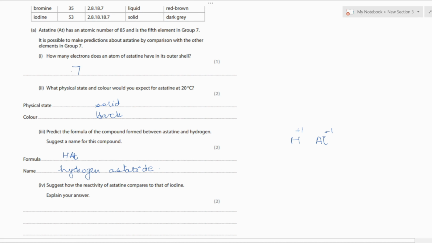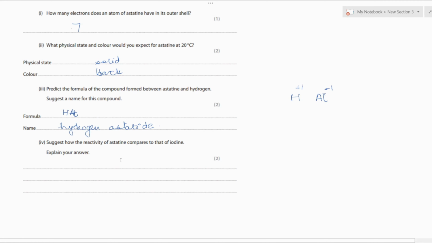Okay, when you compare the reactivity of iodine and astatine, what is your prediction? So in group 7, what about the reactivity? Does it increase down the group or decrease down the group? So astatine would be, good. And why? Good. Okay.